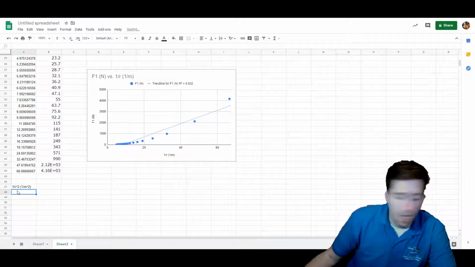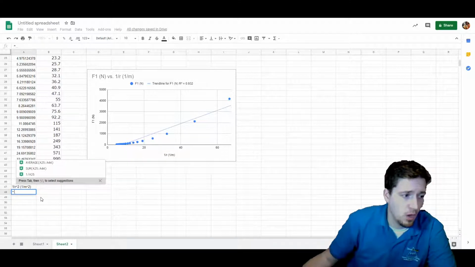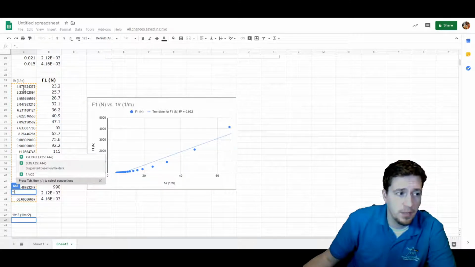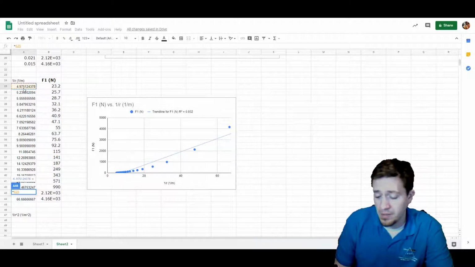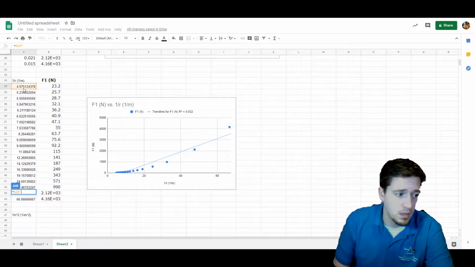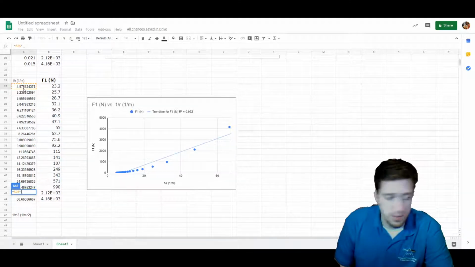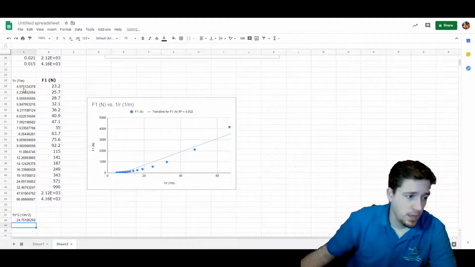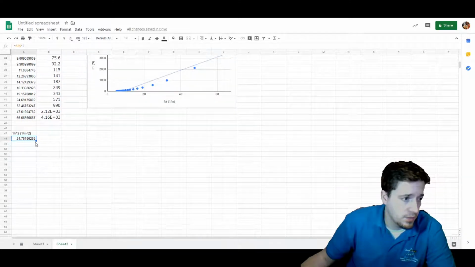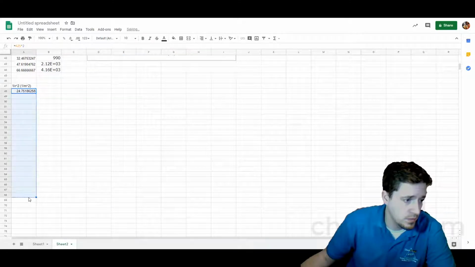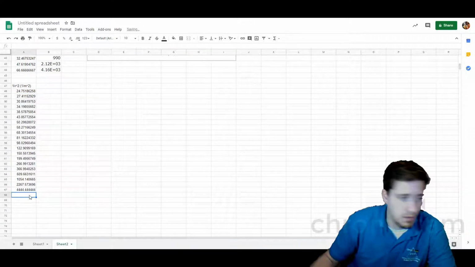So now I can hit equals, and all I have to do is take that data that I just made, so boom right there, and I'm going to square it. And the way we square that is with the caret, so the thing that's on the 6. So shift 6, and then I'll hit 2, and then I will hit enter, and that will square that data set there. And then I just have to drag this down, about 20 of these in there.